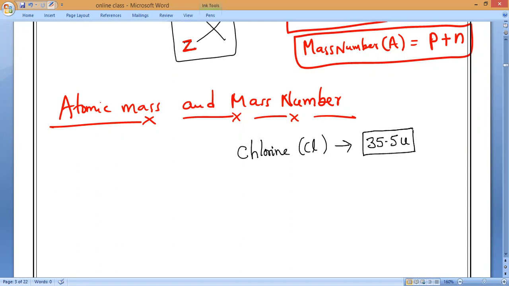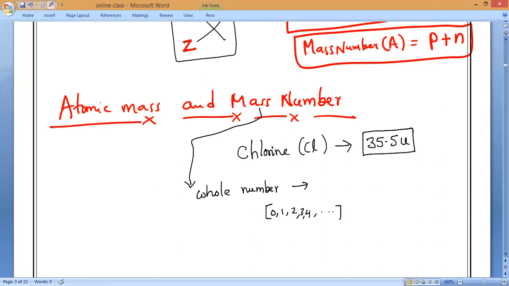For mass number, we consider only the whole number. All of you remember, it is always a whole number. Whole numbers start from 0, 1, 2, 3, 4 and so on.